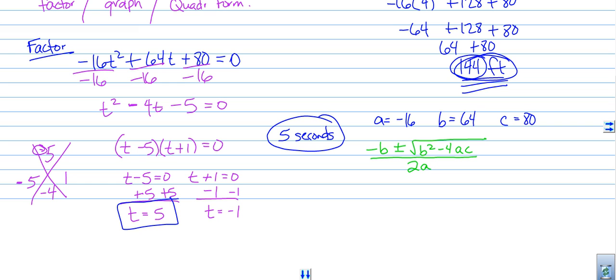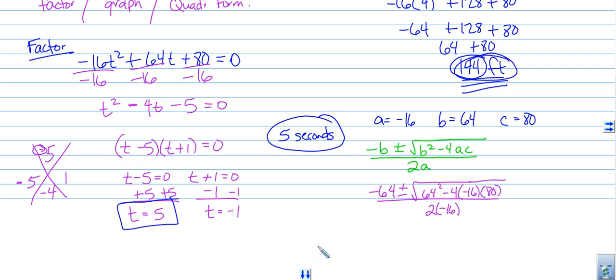So now I'm going to plug those in. So opposite of b, I get -64 plus or minus the square root of 64 squared minus 4 times -16 times 80 all over 2 times -16.